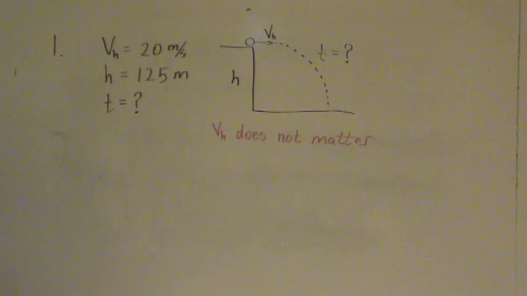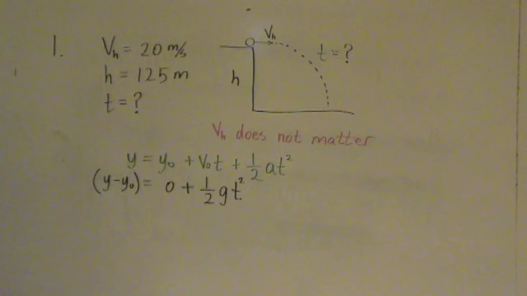In this problem, the horizontal velocity does not matter, because we're focusing on the vertical movement of this object. We're going to use this equation, the distance equation with the time involved. y minus y naught is just the height, 125 meters. The initial velocity in the y direction is 0.